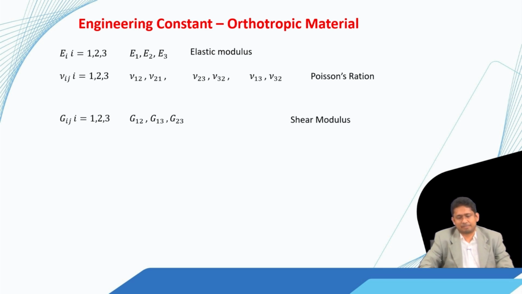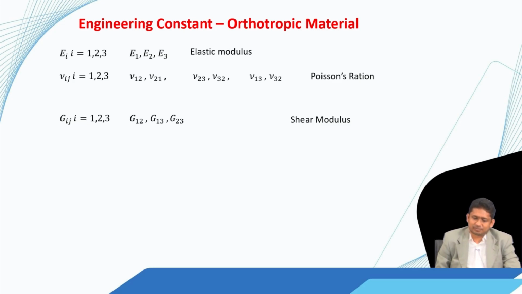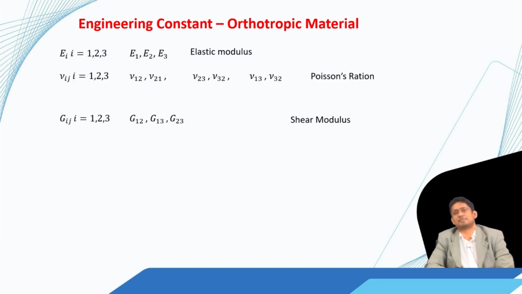Now the composite plies that we deal with are generally orthotropic. Because of that we will have special treatment of orthotropic materials in this class. Now we have seen that orthotropic materials have 9 independent elastic constants. So whether we write the stiffness matrix C or the compliance matrix, we have to have 9 independent terms.